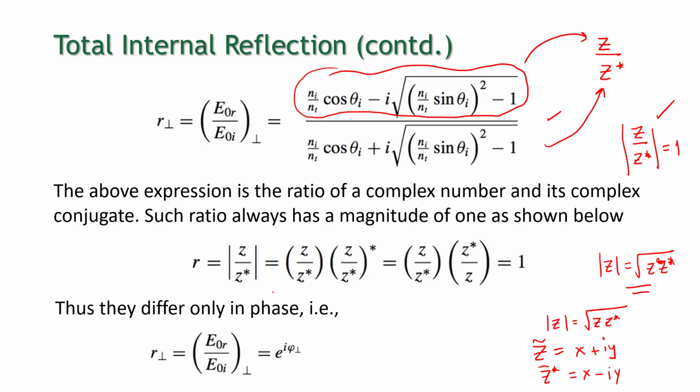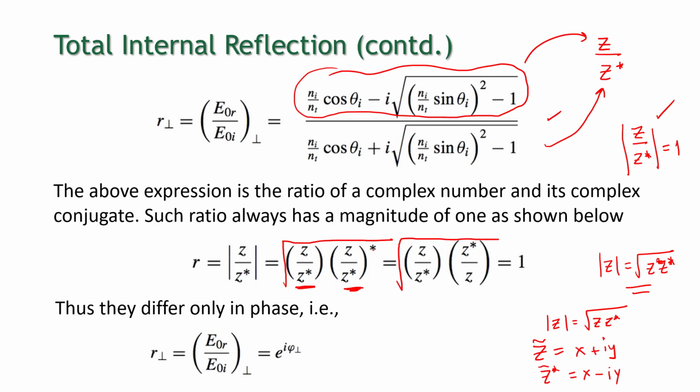So we can do the same thing here. If I want to find the magnitude of this complex number, I need to take the square root, which is missing here. So z over z star, and the complex conjugate of that. This thing is a complex number, and then the conjugate of that gives us the magnitude.